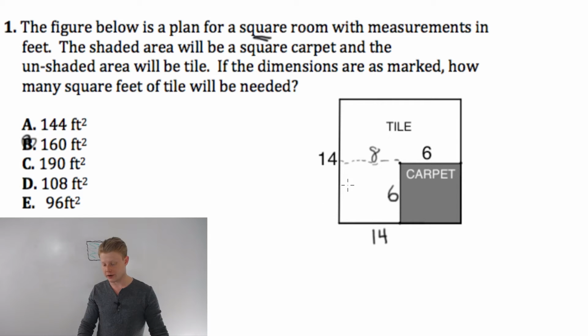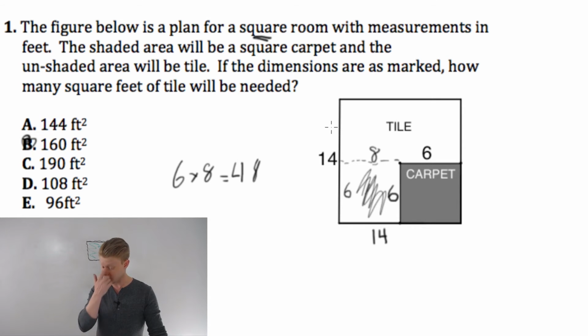This side, on the other hand, is 6. So the area of this rectangle will be 6 times 8. It's 48. And we'll do the same thing up here. This dimension is no longer 14 because I'm burning up 6 down here.